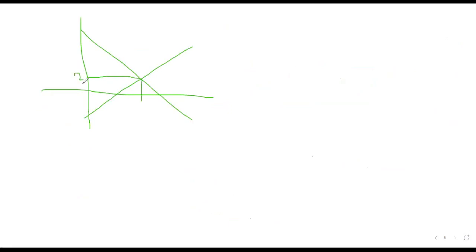So if you have a 2 there, and you have negative 3 there, and we have 10 there, and we have 5. The distance from here to here is 8. The distance from here to here is 5. This is 2 and this is 3. This is also 5. So people should understand that 10 minus 2 is 8.